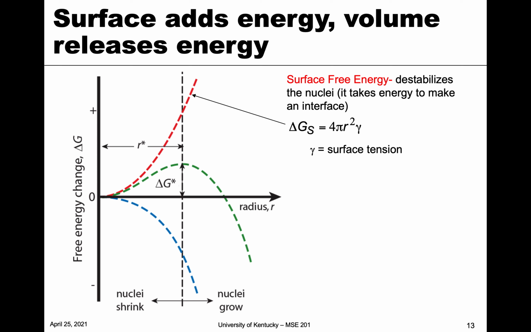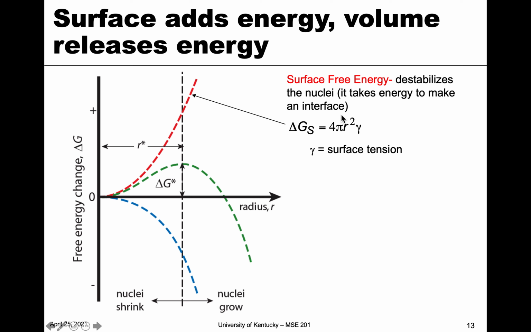This is not favorable, to form a new boundary between solid and liquid, and so that's why this is positive. It destabilizes the nuclei. And so this will increase as the radius of the particle increases, right? Because the surface area will increase, and therefore the energy will increase. So that's what the red curve is showing us.